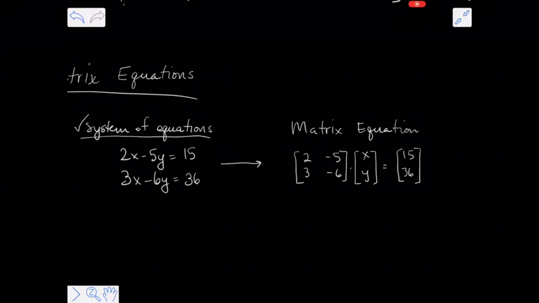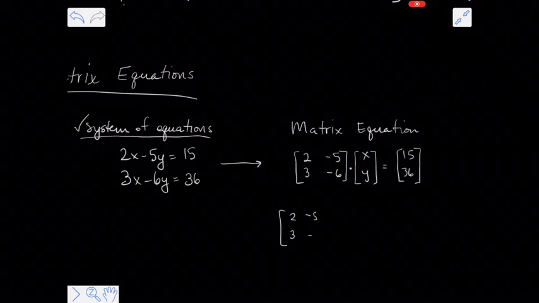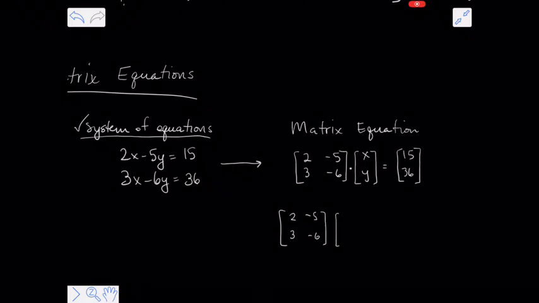If we were to multiply those two, just as a little side note, this really wasn't part of it, but 2, -5, 3, -6. If I were to multiply that with this matrix, I have a 2 by 2 multiplied by a 2 by 1. That's going to give me a 2 by 1.